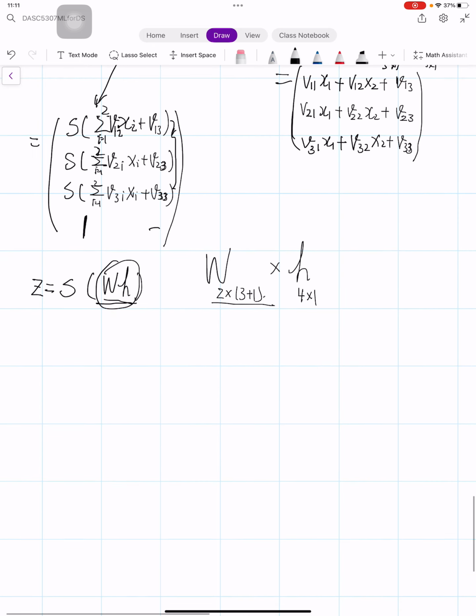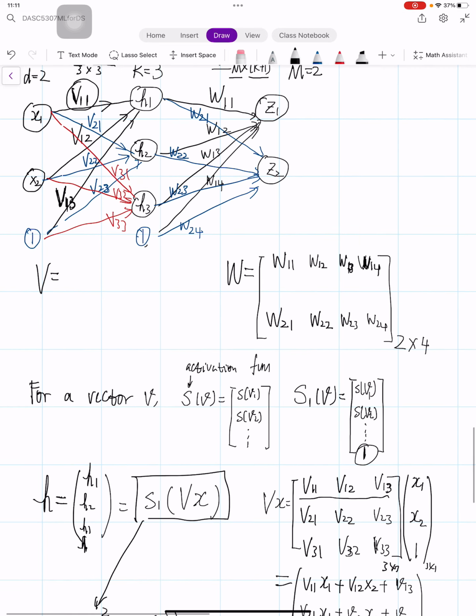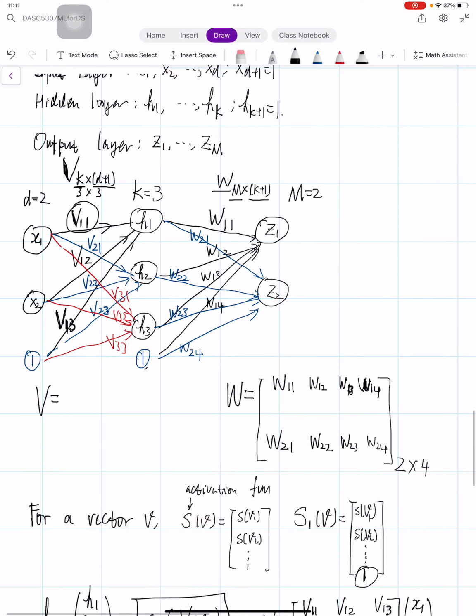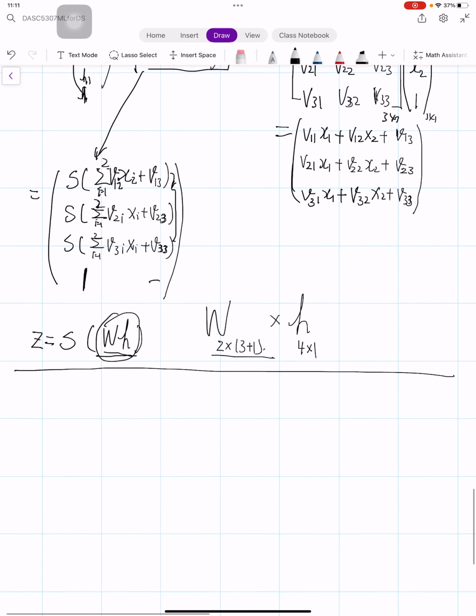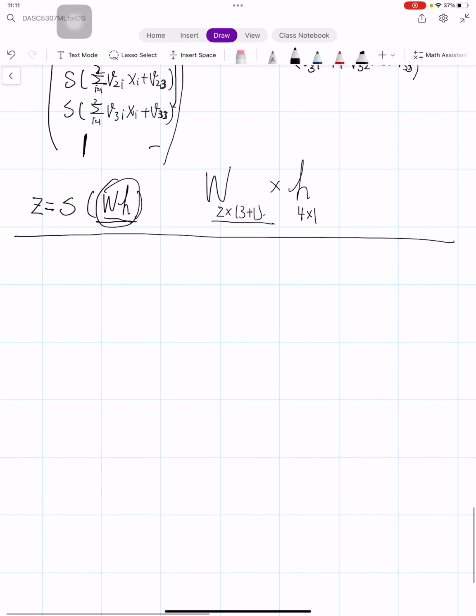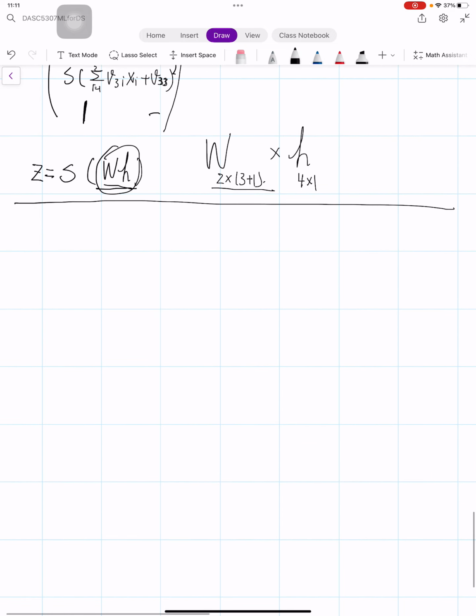And in the next video, this is our model now, right? So the next point is how do we estimate the parameters, like how do we estimate this V matrix and W matrix? It's about training our model. Maybe this video is a little bit long. I'll give more details in the next video.